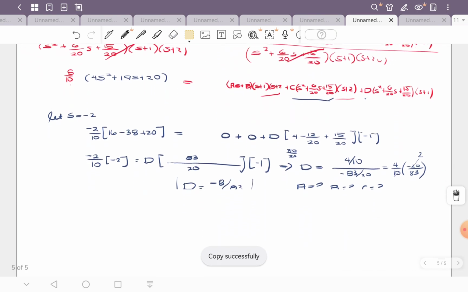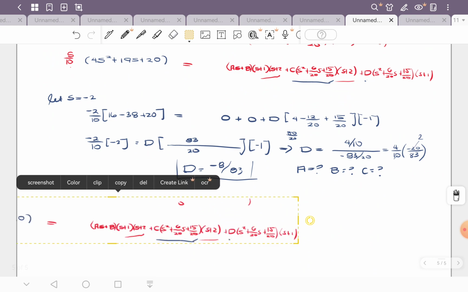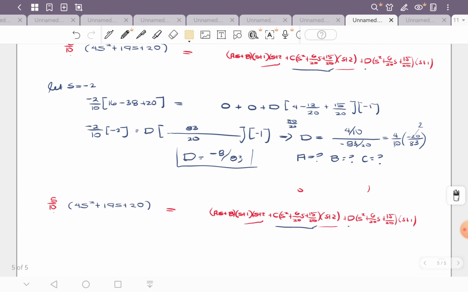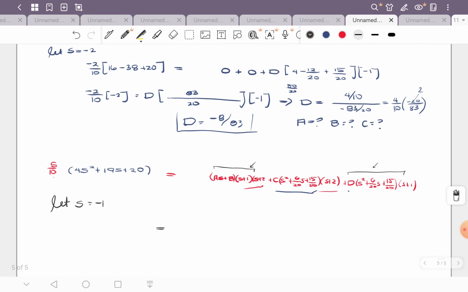Our goal is to find c. To find c, we can let s equals negative 1. If s equals negative 1, then the other terms are all 0, so we are left with the middle term.